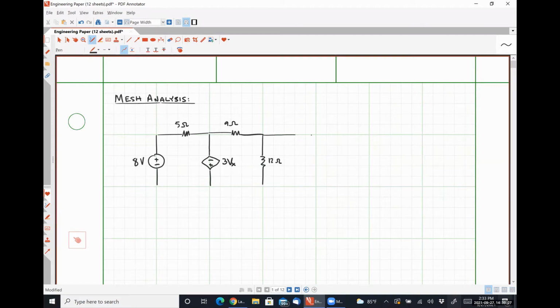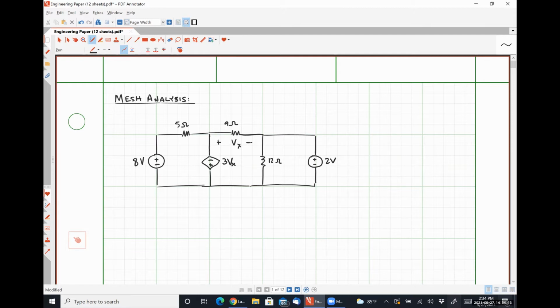And the 2-volt source over here. And I'm going to define Vx to be, actually, that's too easy. The voltage drop over the 9 ohm resistor, positive polarity terminal on the left. Okay.